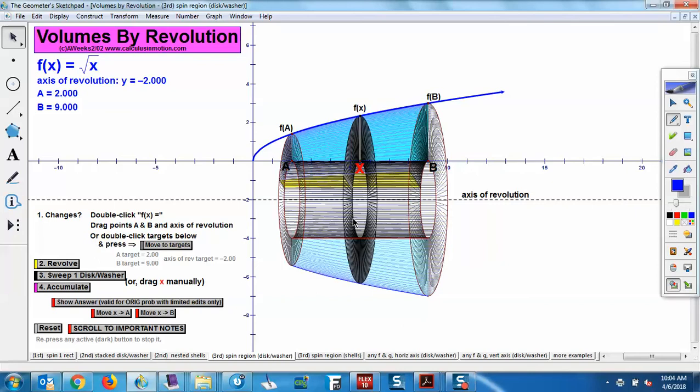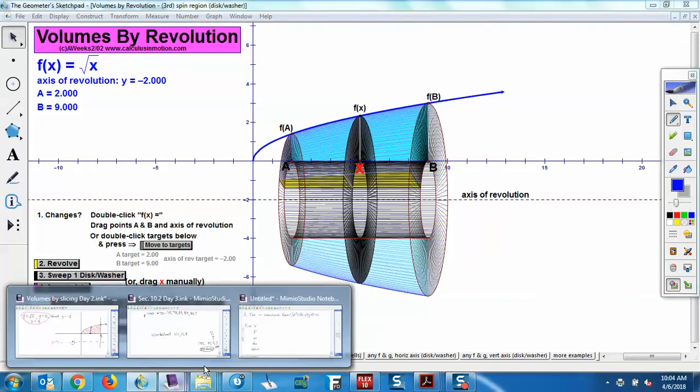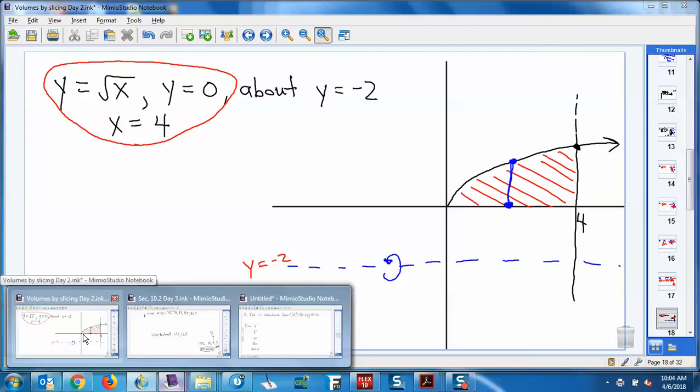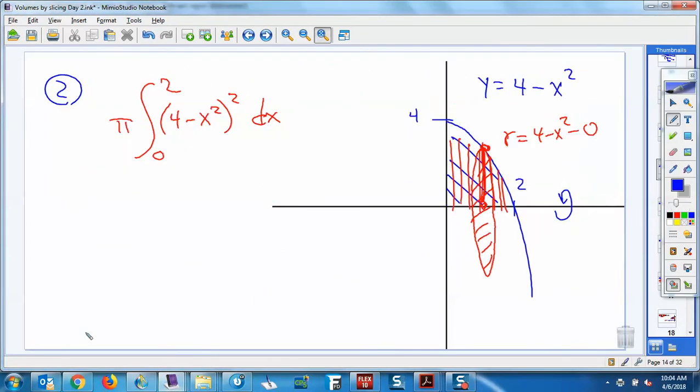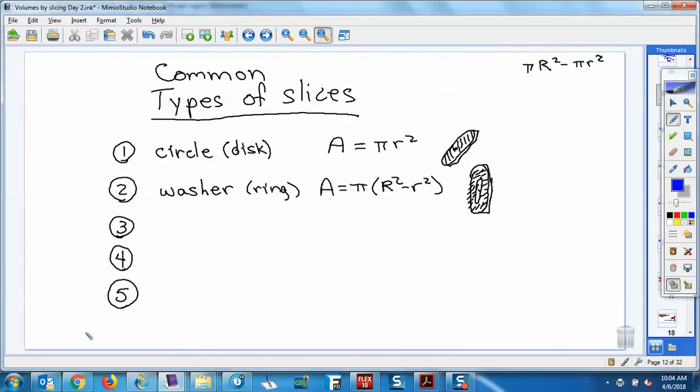If here's my axis of revolution, here's what we have going on in this problem. We've got the strip up here, and we revolve it, and look at that empty space in there, right? You can see how that creates that washer. Okay? Well, we have to draw the radius. We need this formula. We need big R and little r to put into our integral, right?